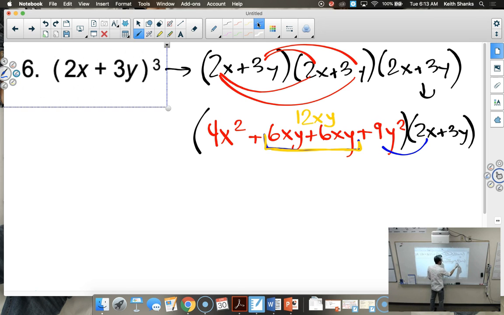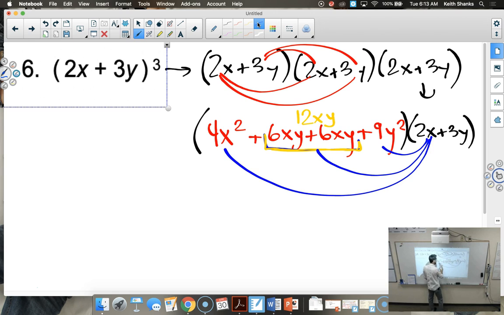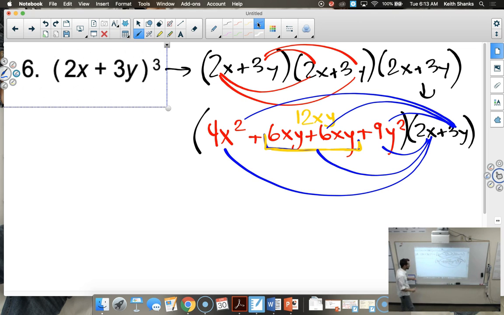Okay, so I'm going to go 1, 2, 3, and the same thing 1, 2, 3. You're just distributing through a longer process. First one, we're going to go from the very ends here. So kind of first, outer, inner, last, but there's 3 terms, so we can't really say FOIL this time. But 2x times 4x squared is 8x cubed.